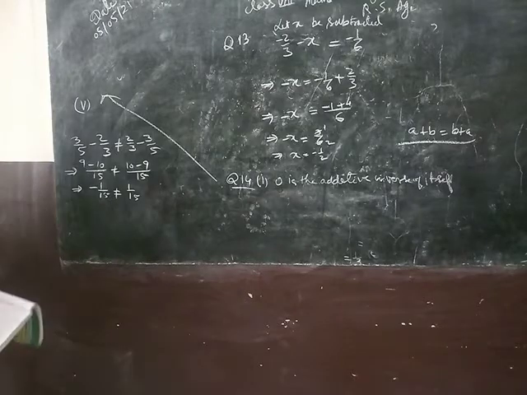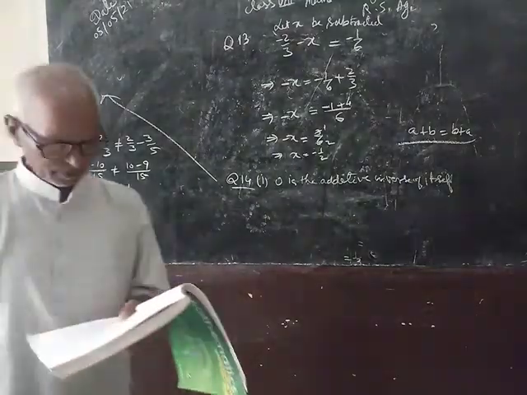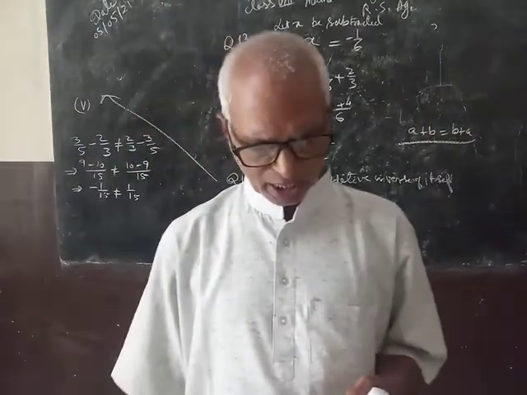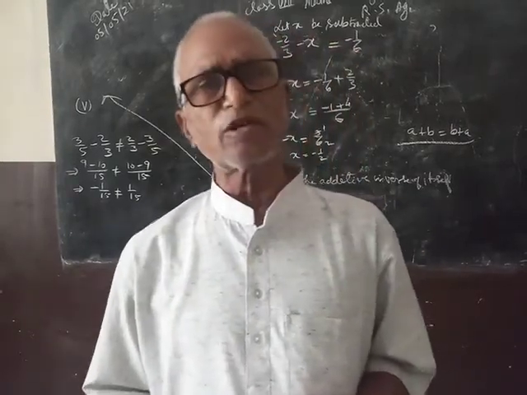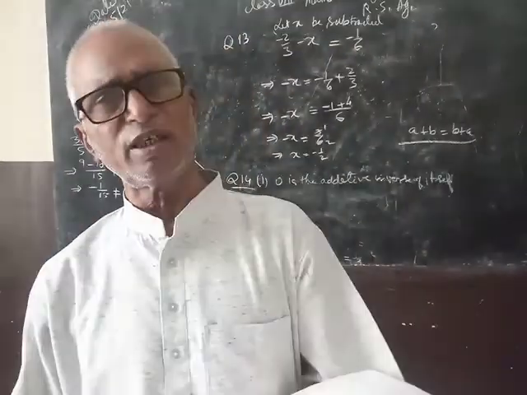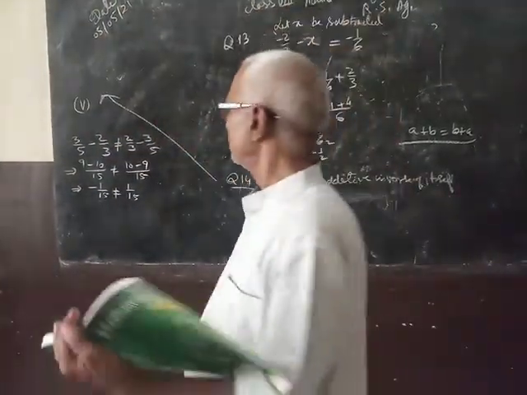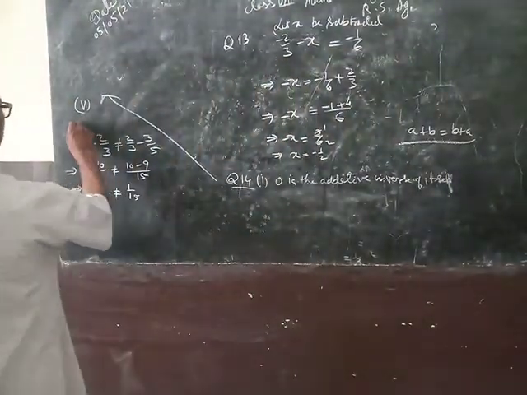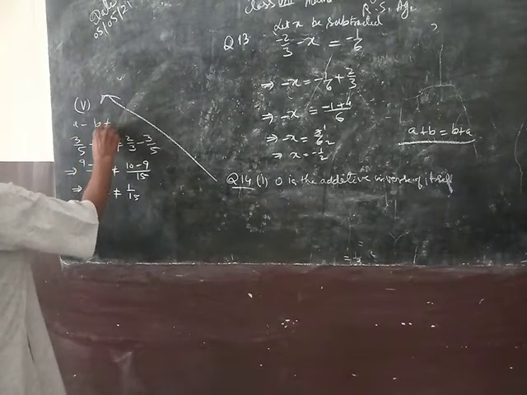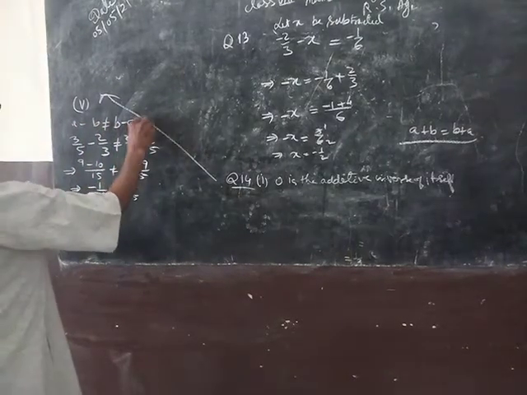So it is an example of question 5 which shows that subtraction is not commutative on rational numbers. Means a minus b will never be b minus a.